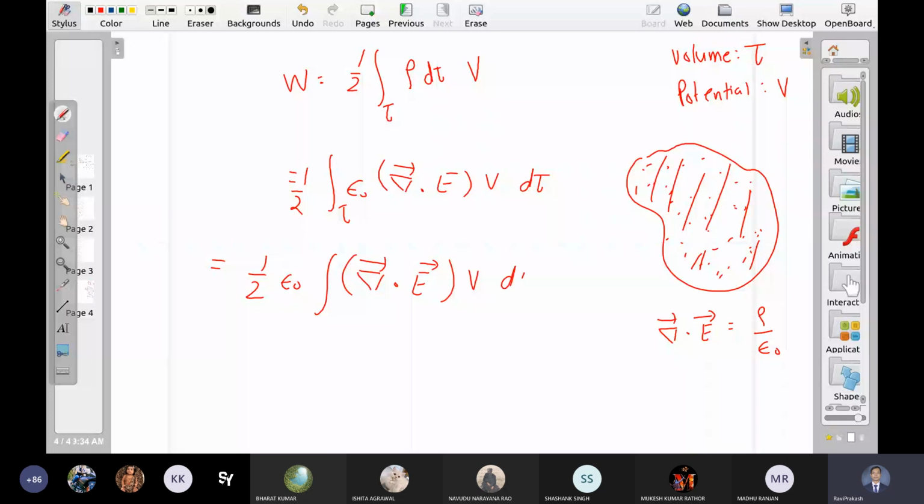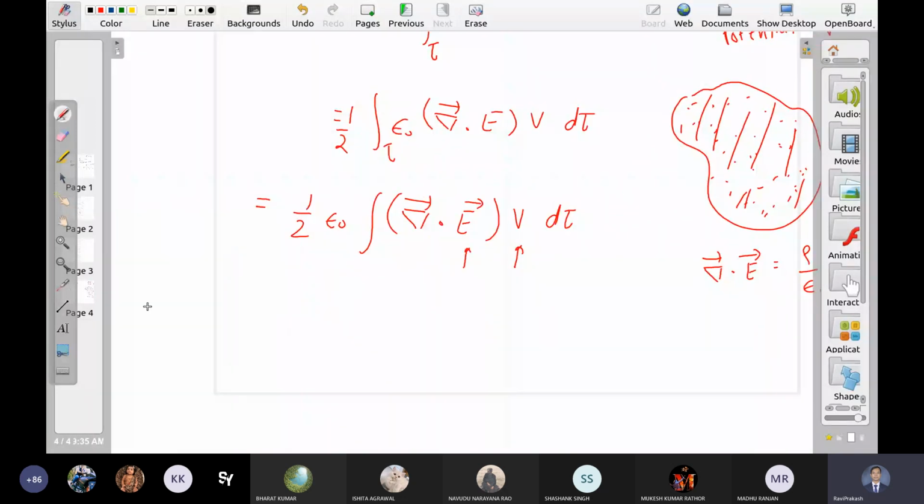So we have a vector quantity here. We have a scalar quantity here. What is this thing equal to? Some scalar times some vector. I think it has to be equal to, or let me see from the book.